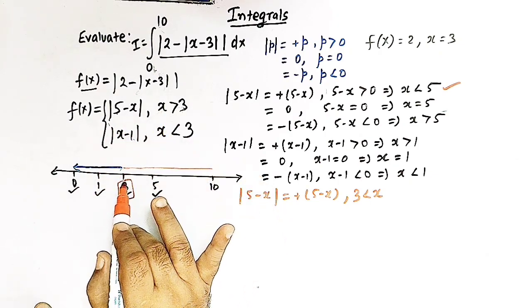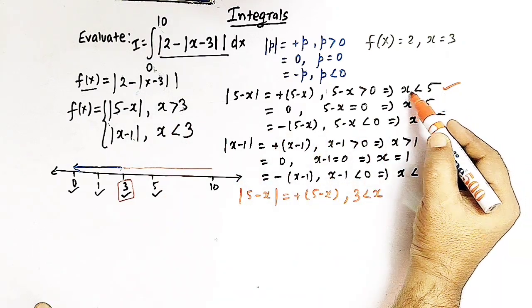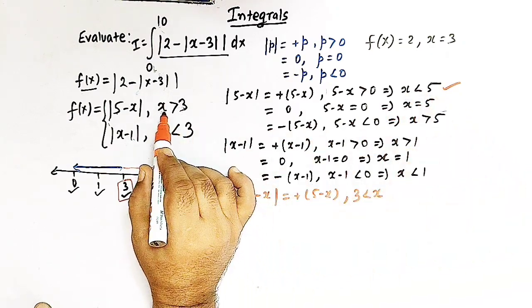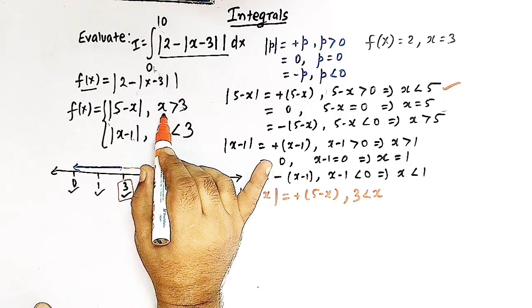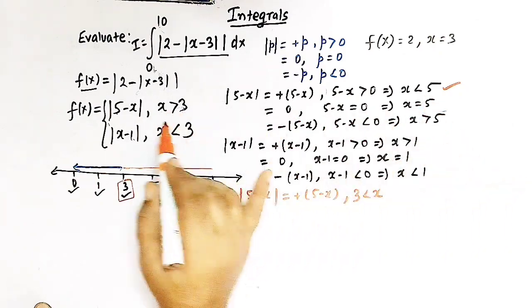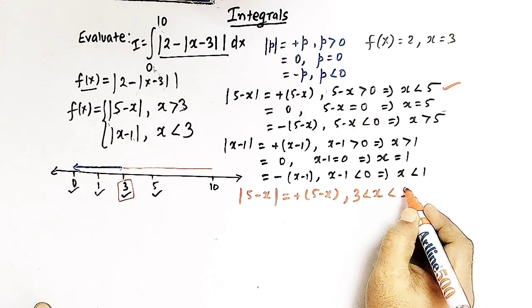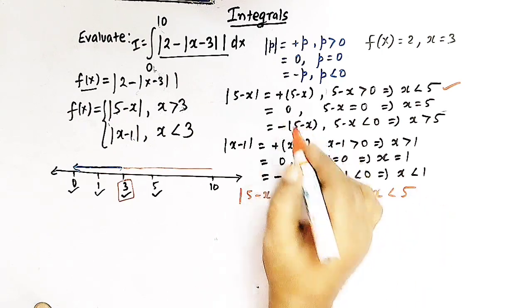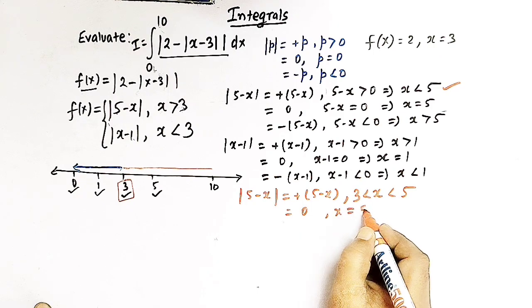So when we go from 3 to 10, then we have here x less than 5 and here we have x greater than 3. So combining these two inequalities, we have x greater than 3 but less than 5. And then here we have 0 when x is equal to 5.